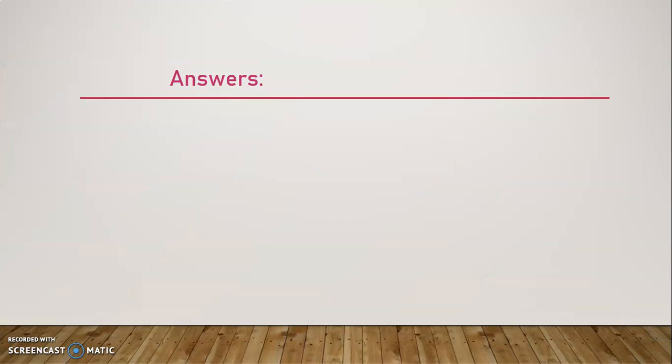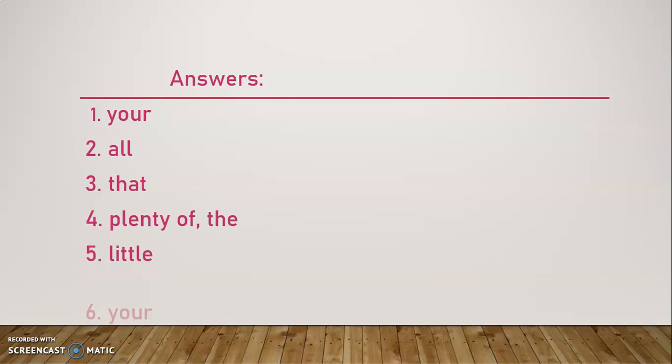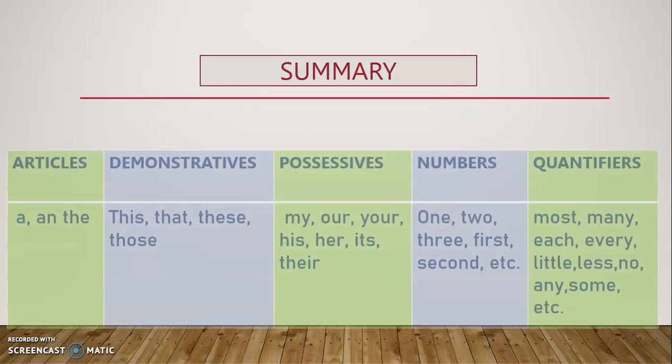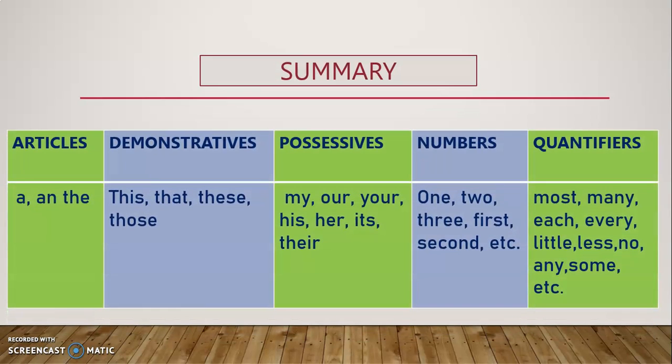Once again, the answers we can see. Your, all, that, plenty of, the, little and your. Now we can summarize the topic, types of determiners. This slide will help you to know in a short way the types of determiners.